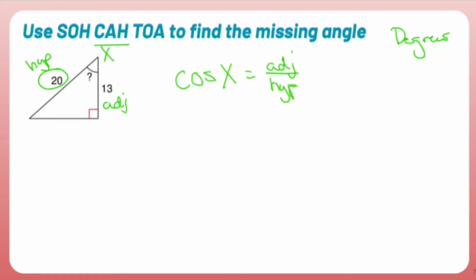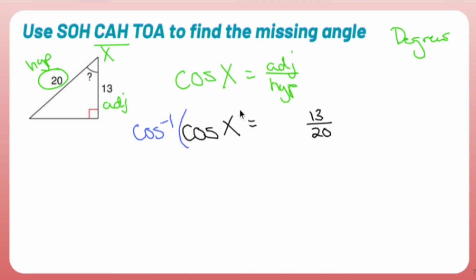So according to what I have, I'm going to write out cosine of the angle that I need to find, which I did call X, is going to equal the adjacent side, which is 13, over the hypotenuse, which is 20. If you're thinking, wow, you sure unnecessarily left a whole lot of space here, I did leave a whole lot of space, but not unnecessarily. My job is to find X, that missing angle. Cosine is in the way. The way you get rid of a trig function is you inverse trig both sides.